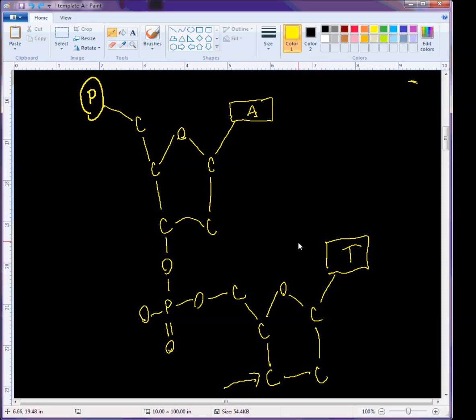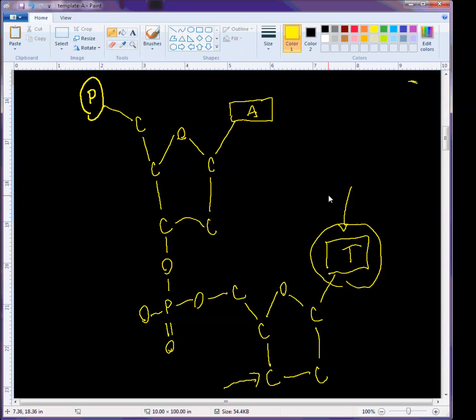If there is an OH there, they left it out. But what can we say? Oh, we can look at this right here. Thymine, right? Thymine is found in DNA. It's not found in RNA. So part A, this is a DNA. These are deoxyribonucleotides.